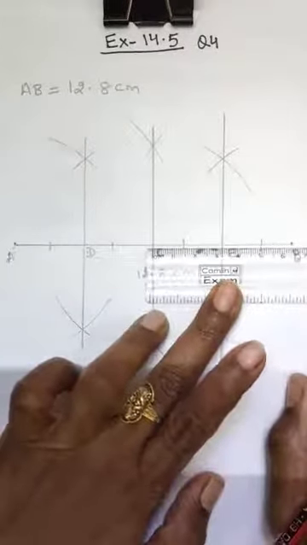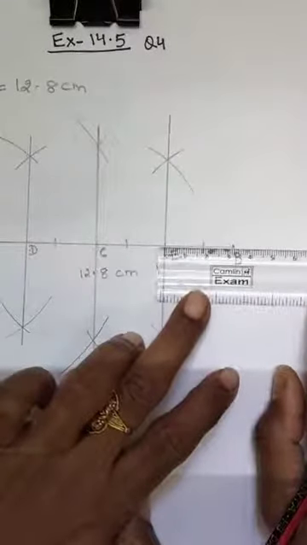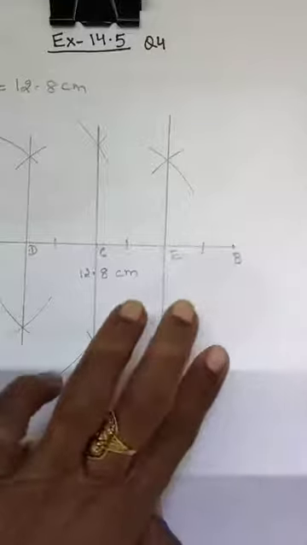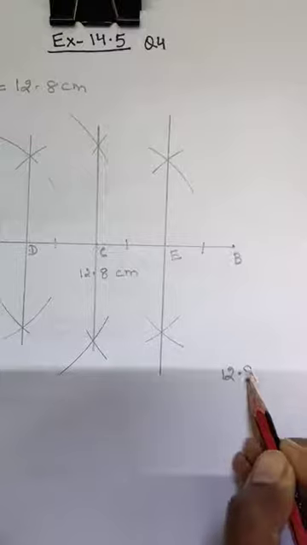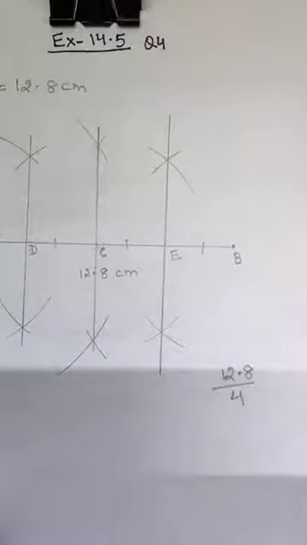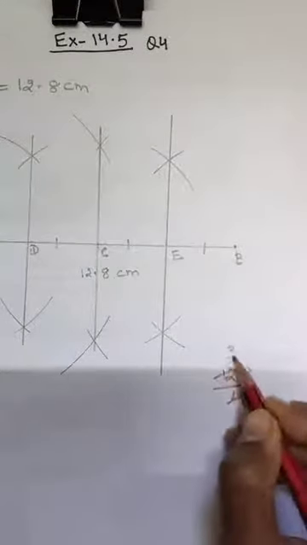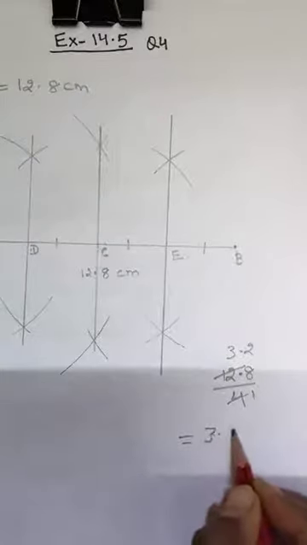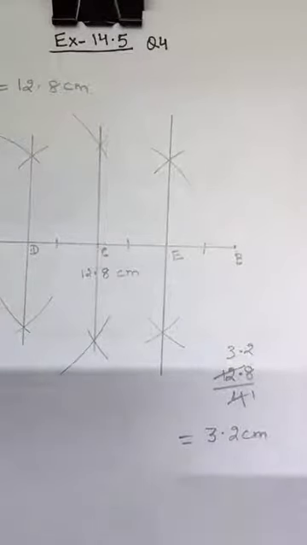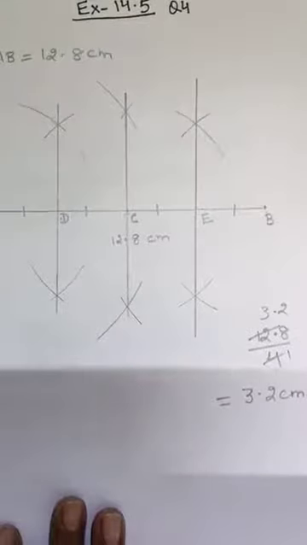This is also 3.2 centimeter. And this one is also 3.2 centimeter. When we divide 12.8 by 4, 4 ones are 4, 4 3s are 12, 4 2s are 8. So we get the measurement of 3.2 centimeter, which means we have done it correct.